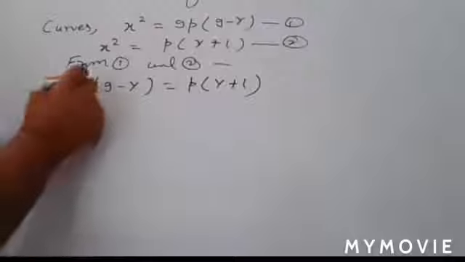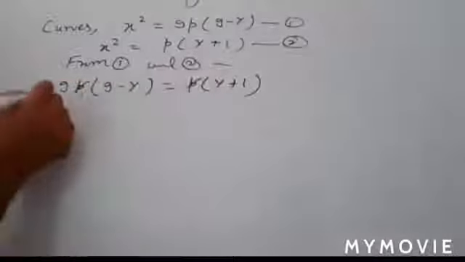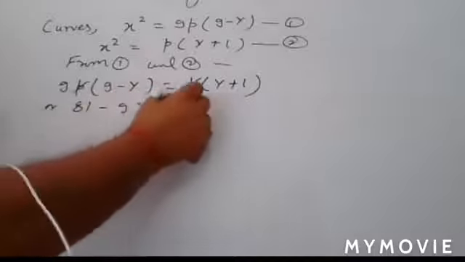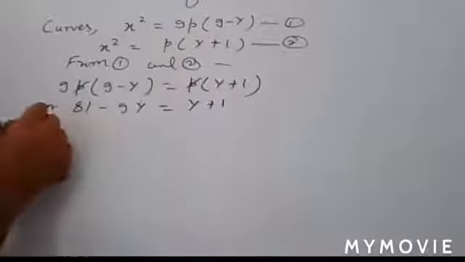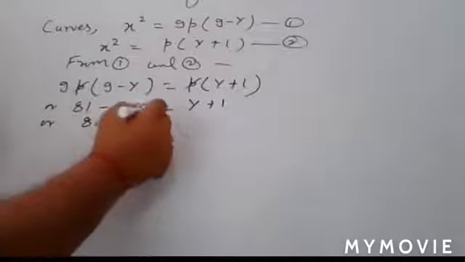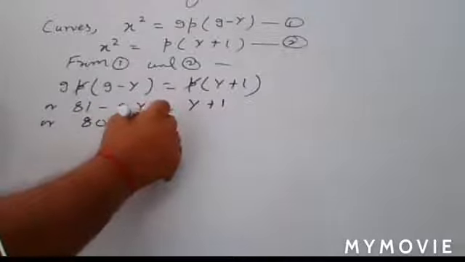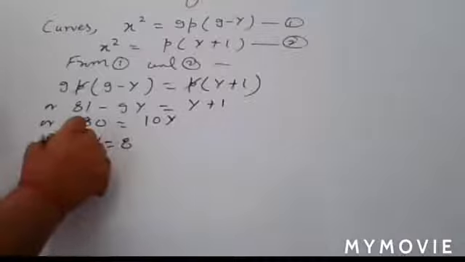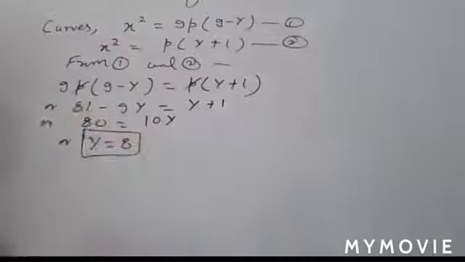So p and p cancel out, and here you have 81 minus 9y is equal to y plus 1. Okay, so 80 is equal to 10y. So the value of y is equal to 8.